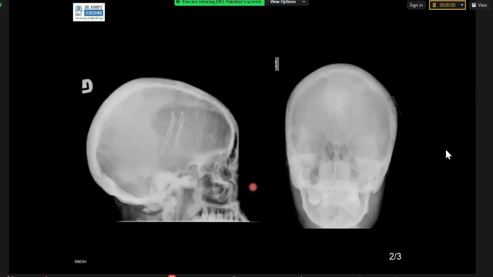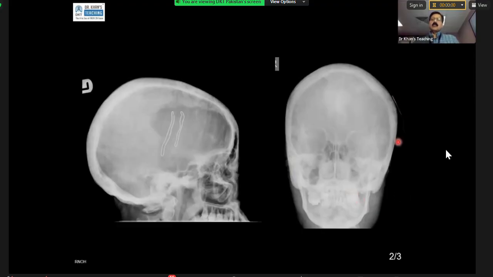Okay. What is your diagnosis? My diagnosis, it could be changes of a metabolic lesion. I will put on my differential diagnosis Paget disease, which can cause thickening of the skull and can also cause the lucent lesion in the frontal aspect. Excellent. Well done.